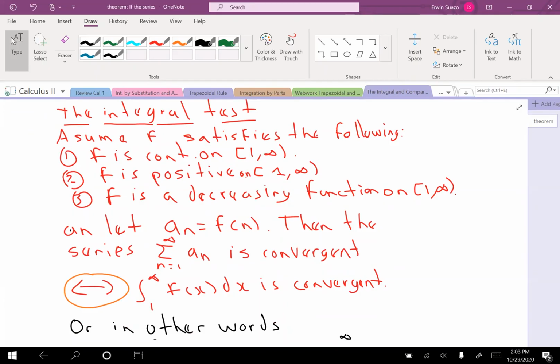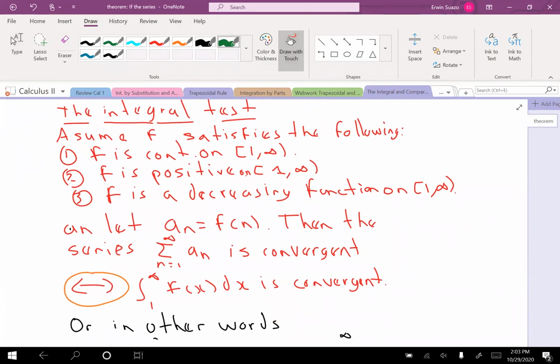What the integral test is saying is that if you want to check whether a sum is converging or diverging, you can check the related integral, where a_n equals f of n.